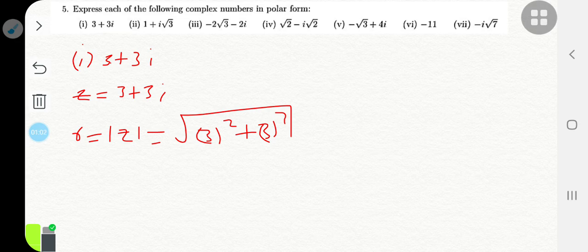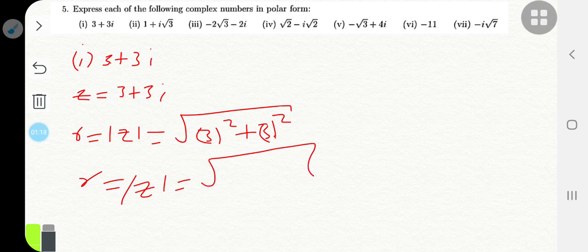So my r will just be equal to the root of 9 plus 9, which is the root of 18.